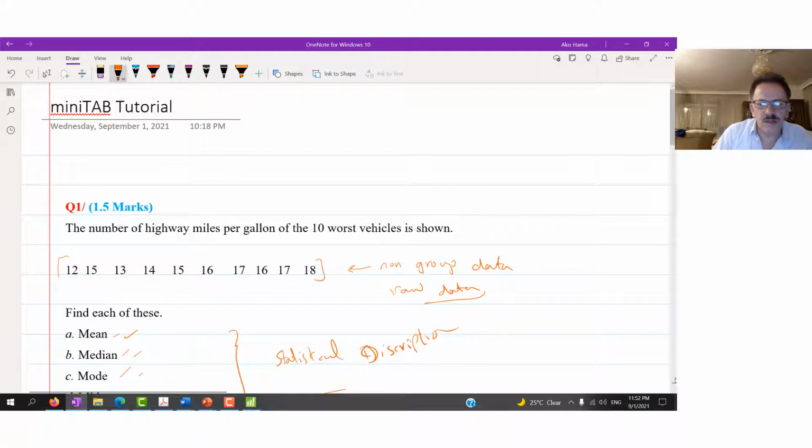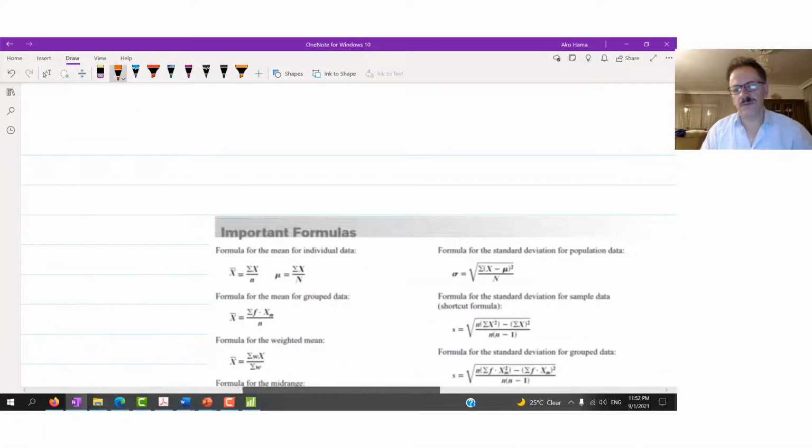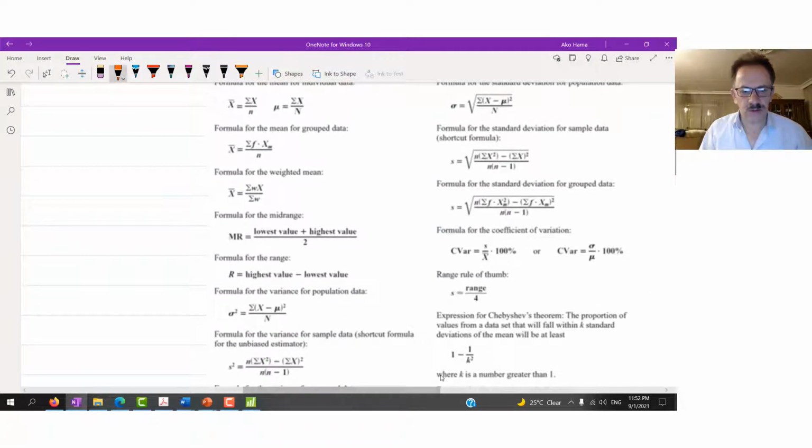This is the rule here for the group data. You can check that one again. So by the way, this is for the standard deviation.